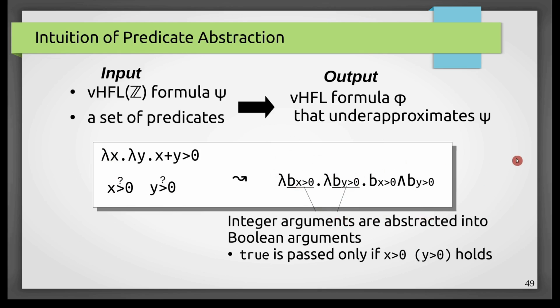When this function is called, true is passed only if x greater than 0 or y greater than 0 holds. So this abstracted formula semantically corresponds to this nuHFL formula, which is an approximation of the original formula.